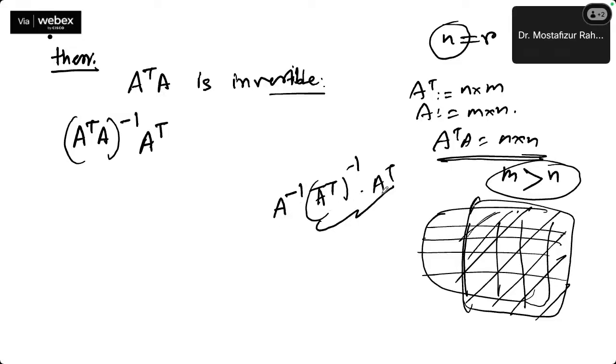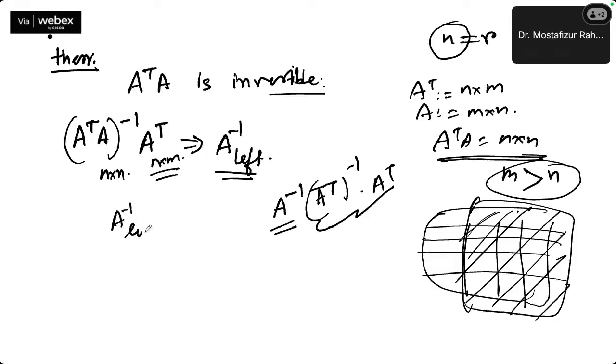I shouldn't cancel this way, but this is roughly equal to A inverse, right? So this is called the A inverse left, and dimensionally it is fine because it is n cross n, and this is your n cross m. So what you get is this A inverse left with the dimension n cross m, right?